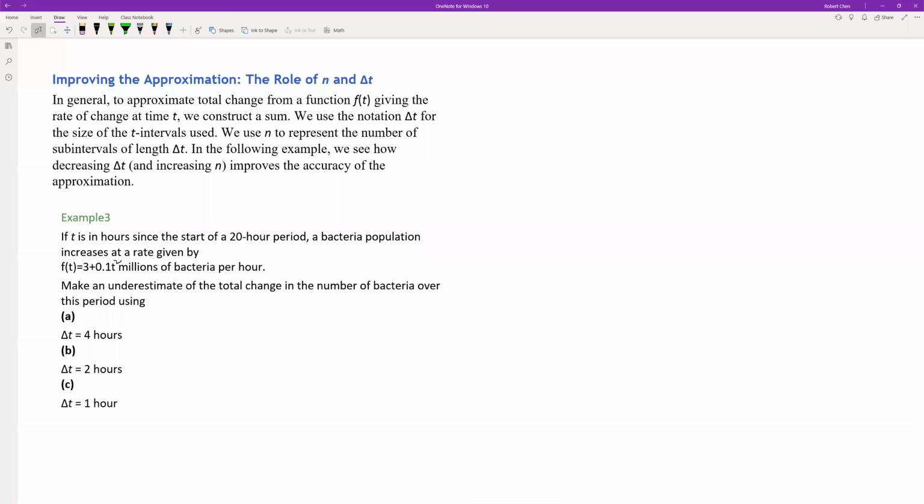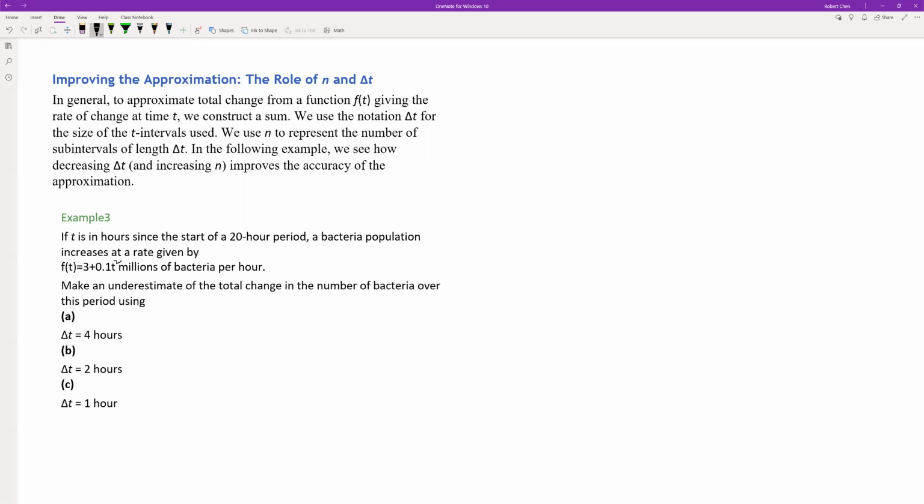All right. So let's put what we were doing into definitions and our actual terms and notations. In general, to approximate the total change from a function f of t, giving the rate of change at time t, we can construct a sum, just like when we were adding all the rectangles, all the estimations of distance between times, together.